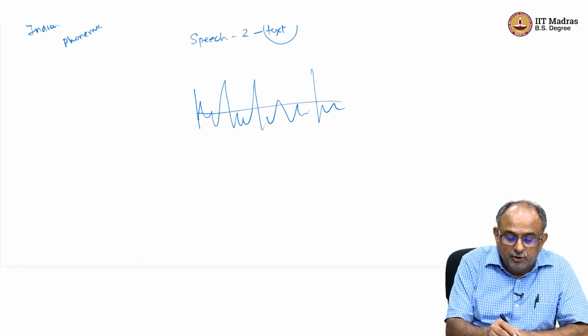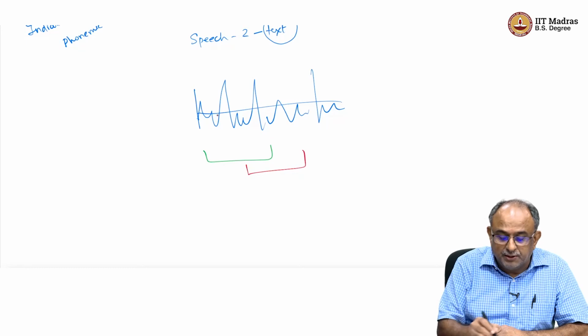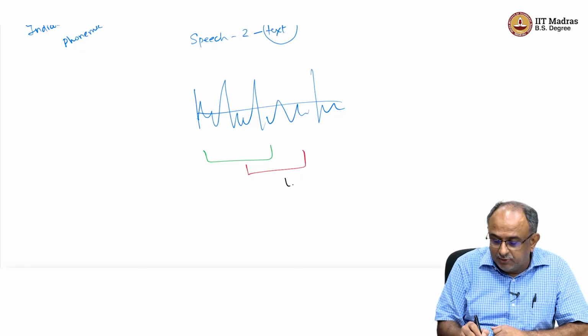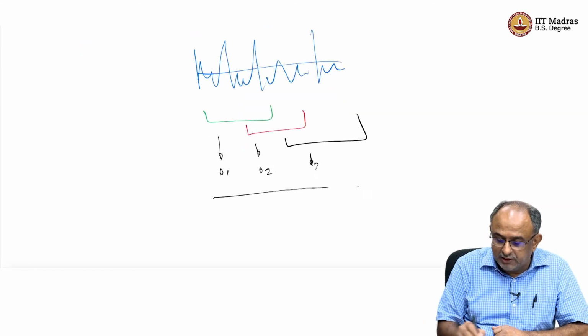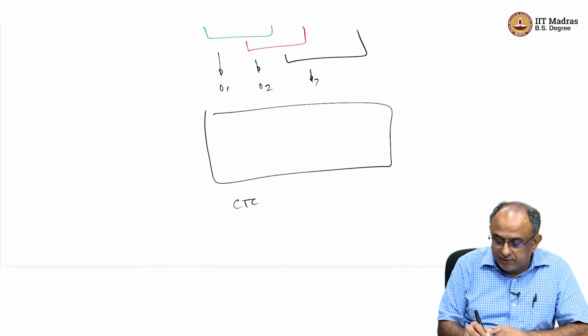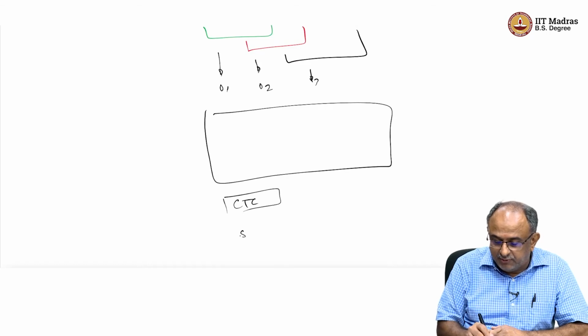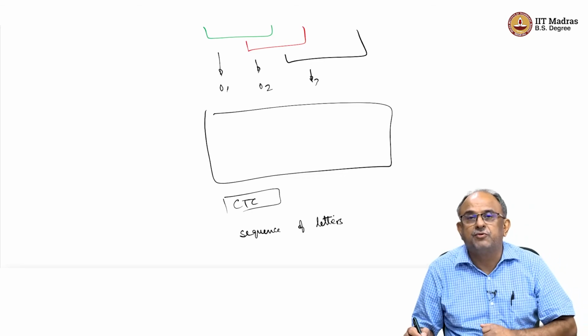I am going to do window based processing, every 10 milliseconds, and then get these vectors O1, O2, O3, pass them through this neural network, and then use a CTC criterion, and directly get a sequence of letters.